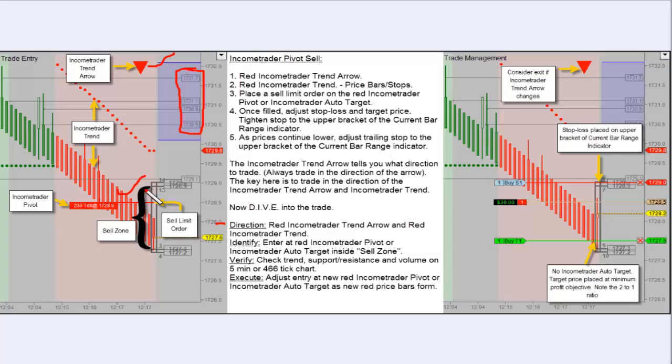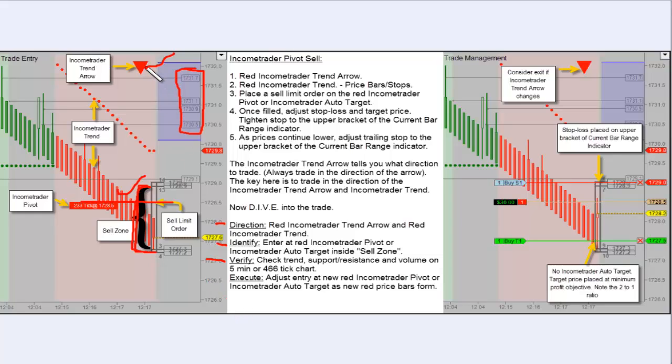So here inside of our sell zone, we have an Incometrader pivot sell signal. So we place a sell limit order right there. So we've identified the area that we want to go short inside the sell zone and with an Incometrader pivot short. Then we want to verify if we should be taking this trade or not.